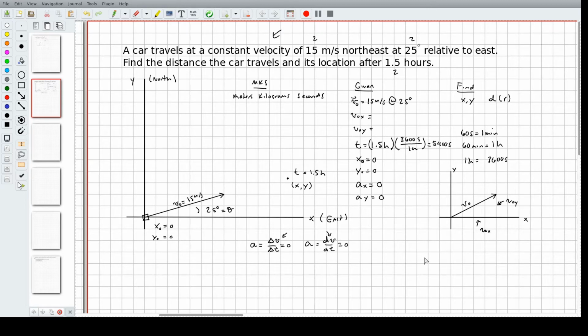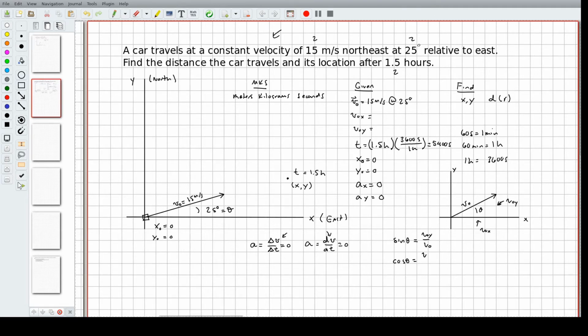And if you take your trig functions and write them in terms of this, we know, given that that's theta, that sine of theta is opposite over hypotenuse. Now the opposite side is v naught y, and the hypotenuse is v naught. Cosine of theta, for example, is adjacent over hypotenuse.